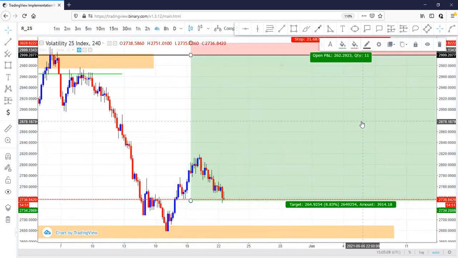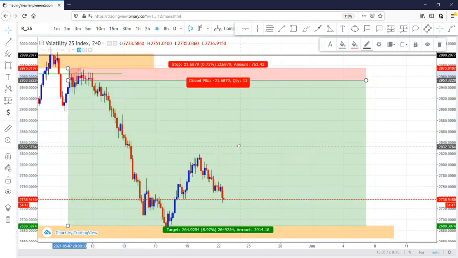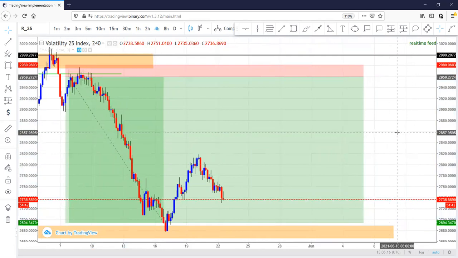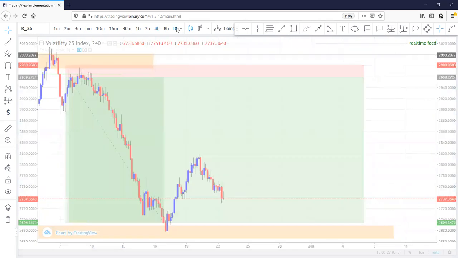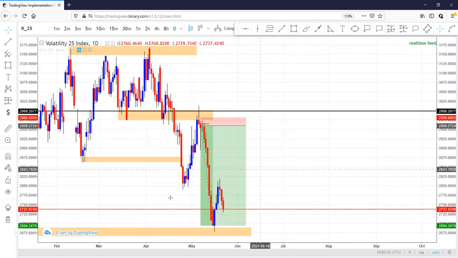Sorry, our entry was at that point there. If only you understand price action, using those key areas, using those candlesticks, knowing the overall trend, you are good to go. Because now if we scale down to that higher time frame, look at that, very beautiful entry.